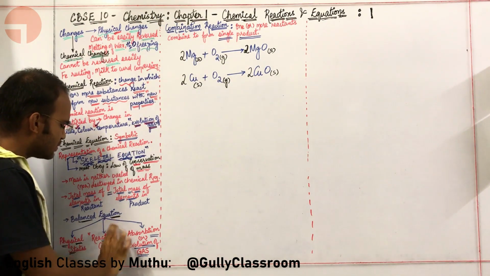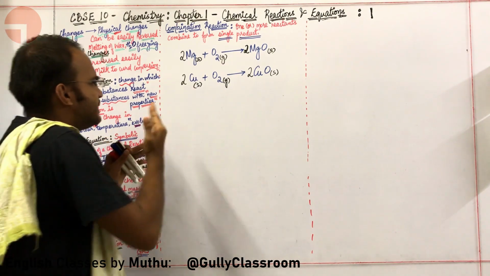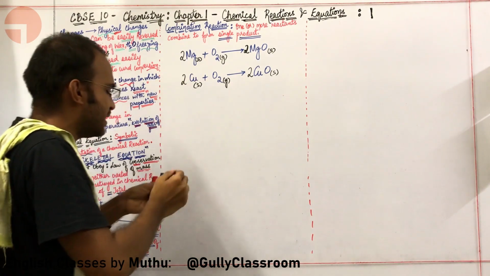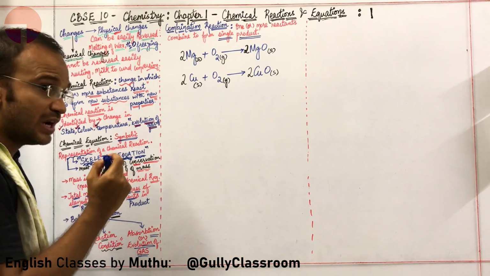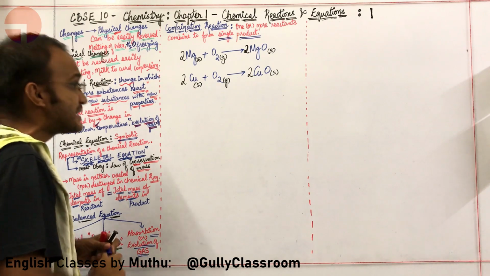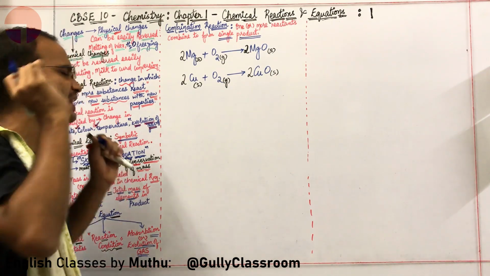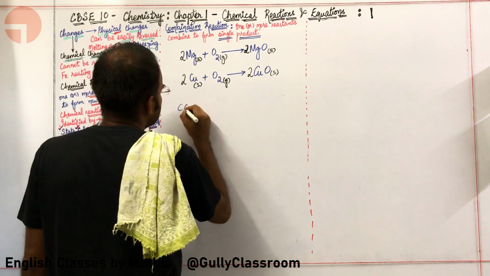Sir, it will also show the reaction condition. Kindly tell me, what is reaction condition with respect to a chemical equation? Some chemical reactions happen only with specific conditions. Give us an example, sir.